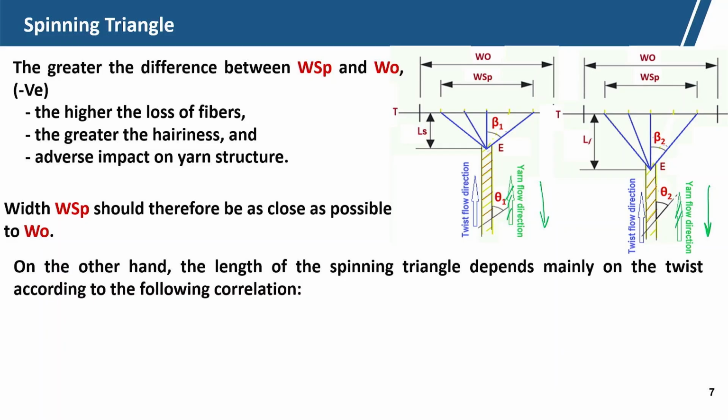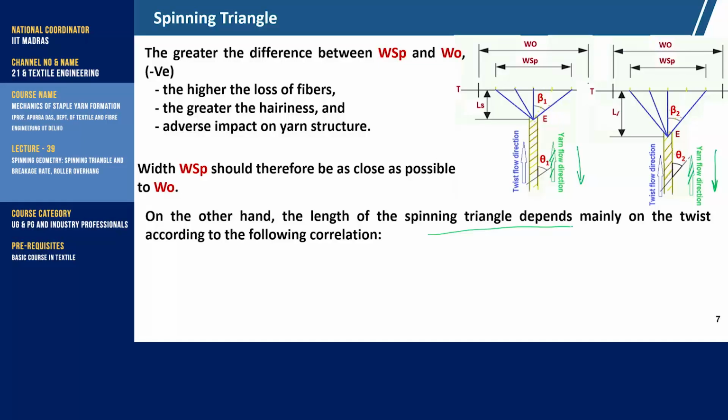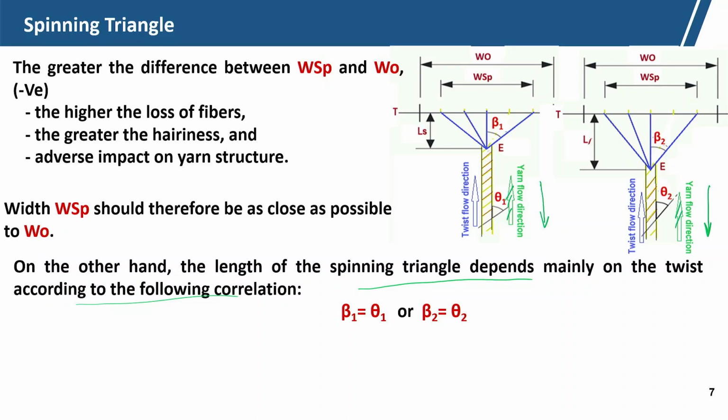On the other hand, the length of the spinning triangle depends mainly on the twist, according to the following correlation. So, beta 1 equals theta 1 or beta 2 equals theta 2. That means if we increase the twist angle theta 1 or theta 2, then beta 1 or beta 2 will be increased.